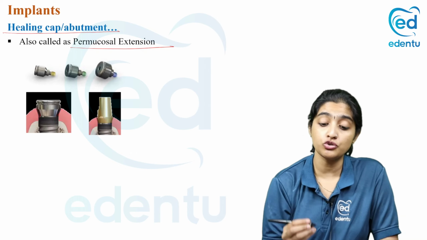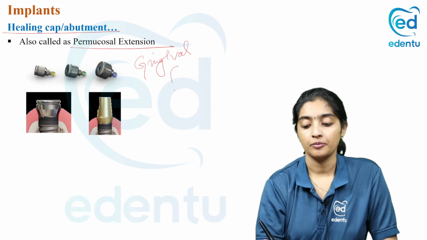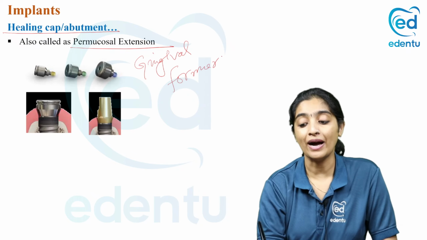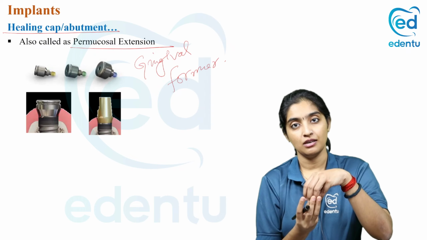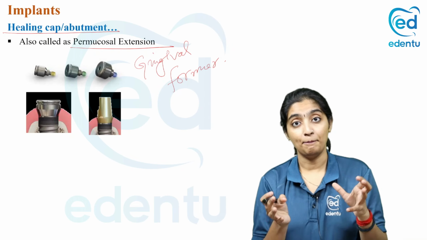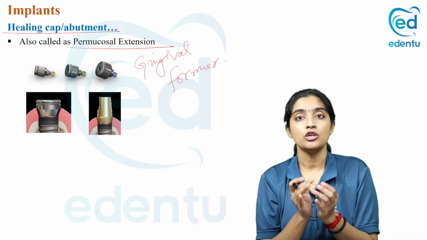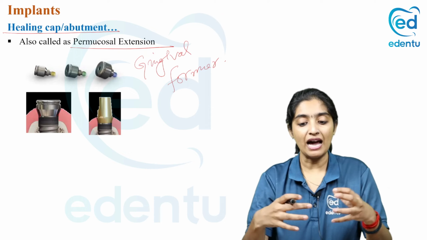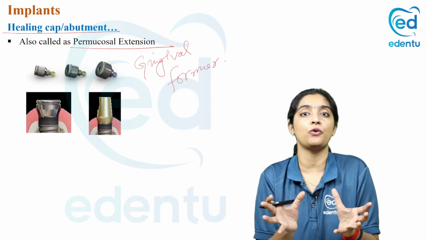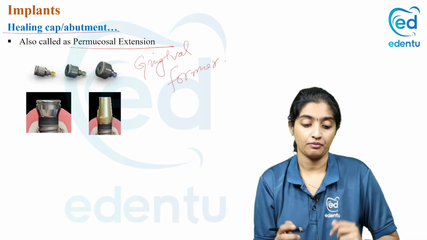Now this is also called a gingival former. Why? Because once your healing abutment is placed, your gums will heal around your healing abutment. So once your healing abutment is removed, you have a good gingiva formed around your crown structure.